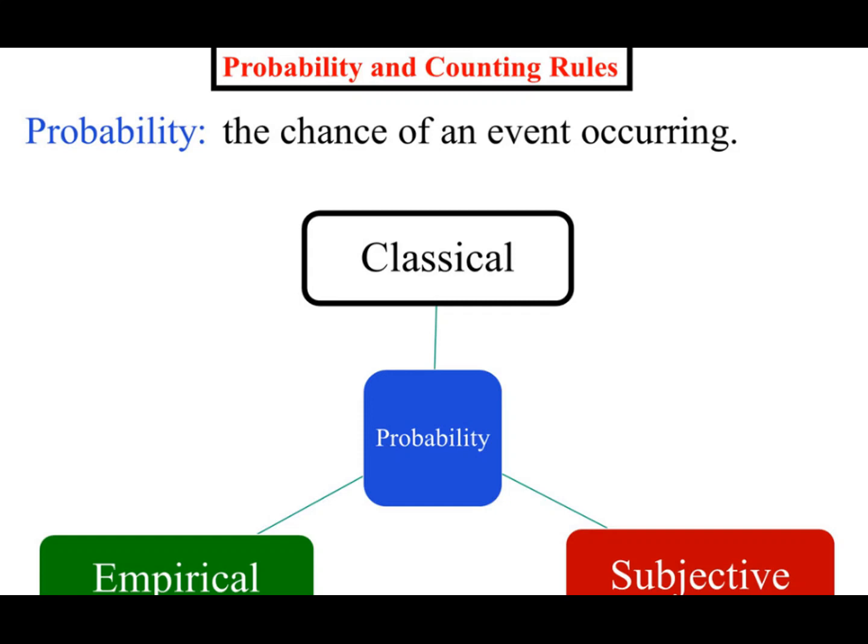However, just to give you a heads up, the example that we worked on yesterday is an example of classical probability. Yesterday's example was classical probability. Everybody got that? Yes?